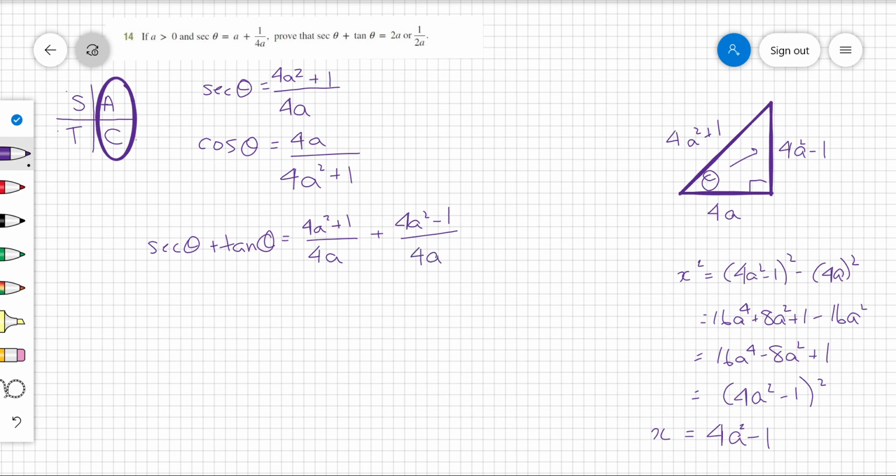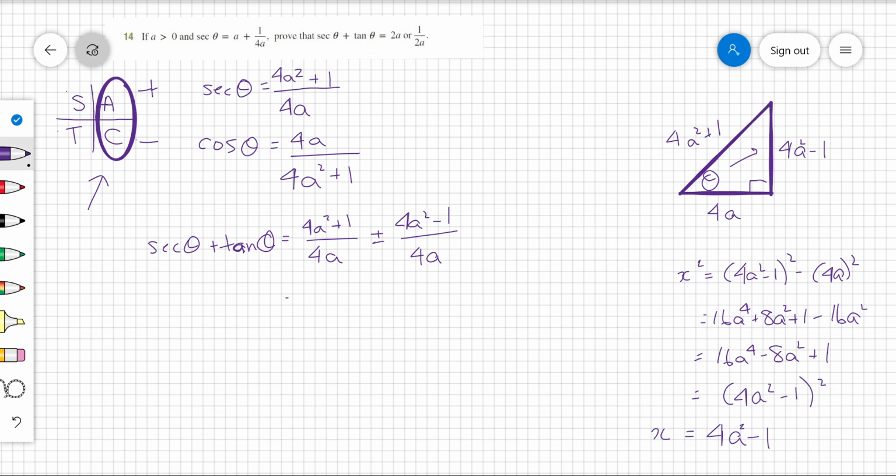All right, now just something to remember here, we are in these two quadrants. Now in those two quadrants, remember that our tan is going to be positive up here, but negative down here. So really I want to do plus or minus this tan theta, the acute ratio.